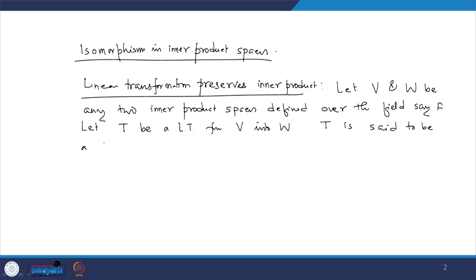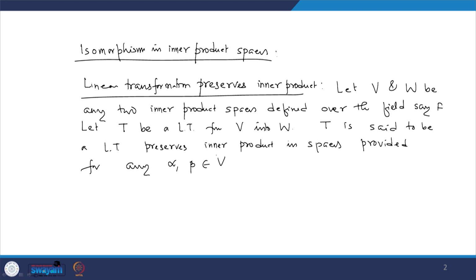T is said to preserve inner product in the spaces provided for any alpha and beta belonging to V, inner product of T alpha and T beta must be equal to inner product of alpha and beta.